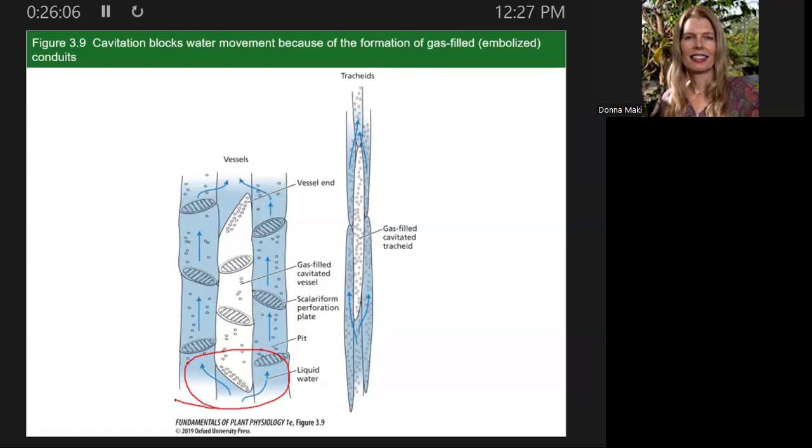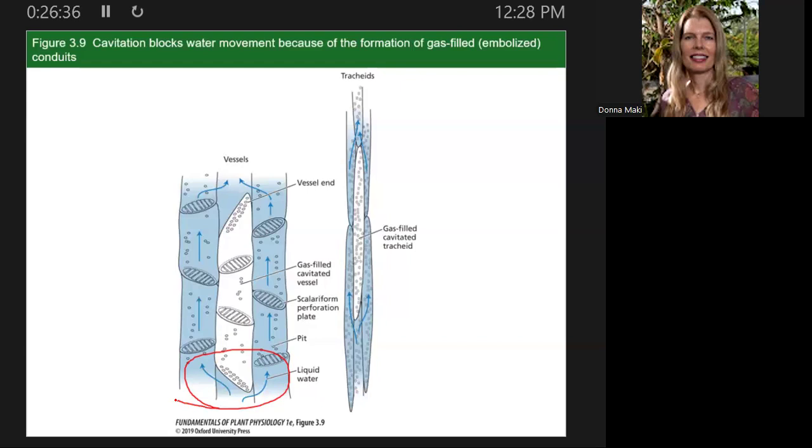That's an excellent reason and an excellent evolutionary strategy for plants to have clusters of tracheids and clusters of vessels, because this happens every year. They have to face this every year. And so rerouting is a good idea. They show it with the tracheids too, how that big air bubble, gas filled cavity, and it's rerouting.